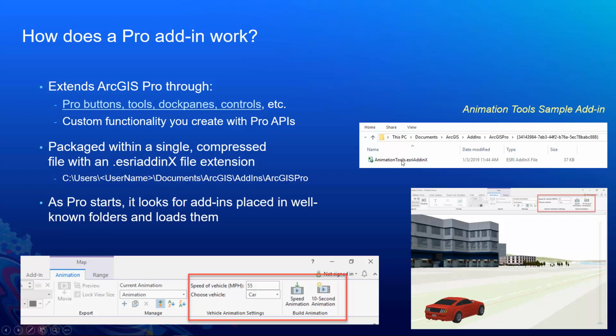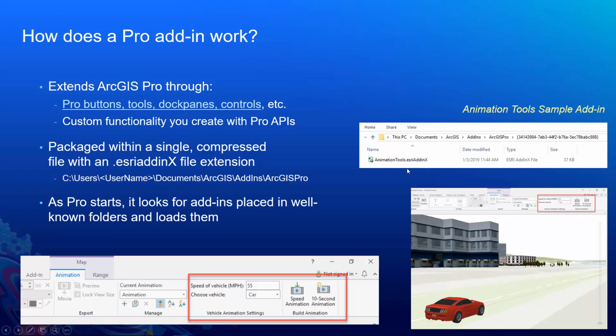When Pro then starts, it looks inside of these well-known folders, and this is just an example of the default location where this community sample is stored when it's compiled. Pro will look in those well-known folders and then load up the add-ins. The add-ins, of course, contain the DLLs and other resource files that you may be using and leveraging with your add-in.